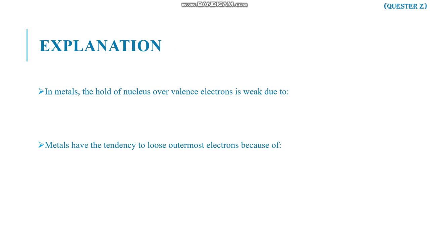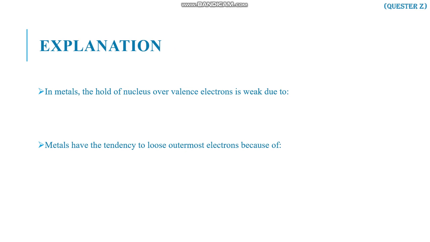Its explanation: in metals, the hold of the nucleus over the valence electrons is weak, but the hold of the nucleus on the inner shells is stronger. Now we are talking about the valence shell. The valence electrons are the outermost electrons, those present in the outermost shell.